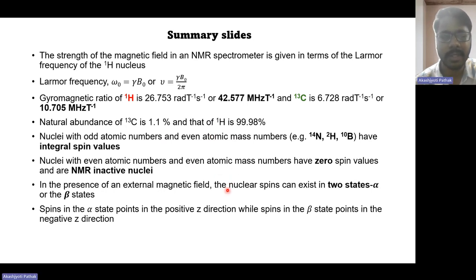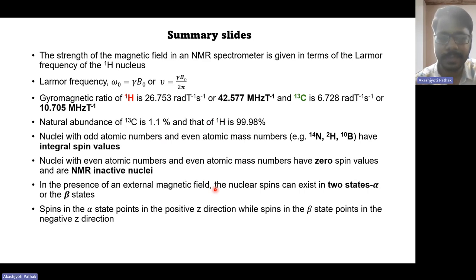I hope you remember this figure, the classical mechanical picture of how the nuclear spins get arranged in the alpha and the beta state, and because they experience a torque, they start precessing in the form of a cone around the external magnetic field.